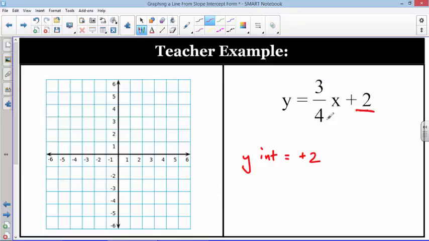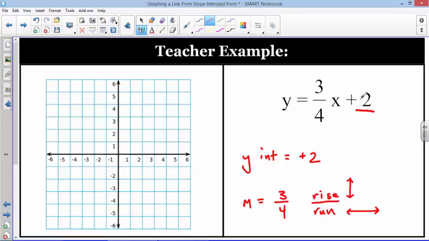And then I know that my slope is next to my x, my m value, so my slope here is 3 over 4. When we look at our slope, we consider this fraction as rise over run. What that means is our rise is how much we're going up or down, and our run is how much we're going left or right.